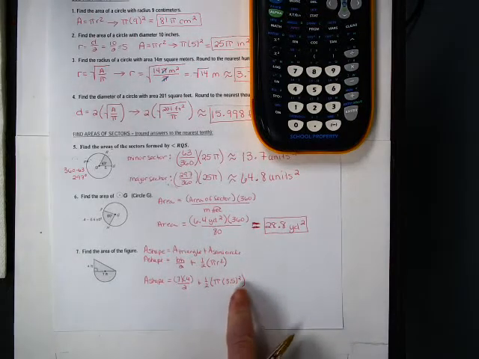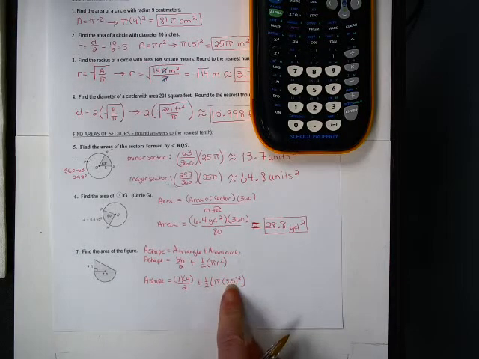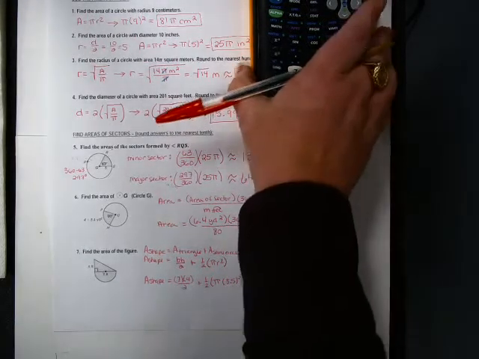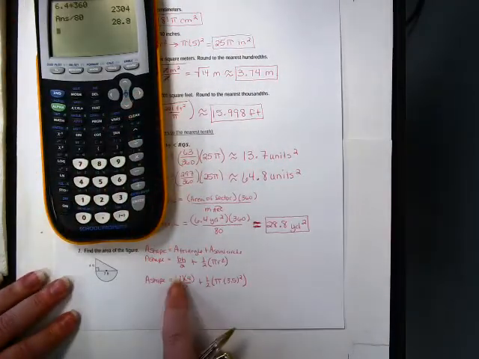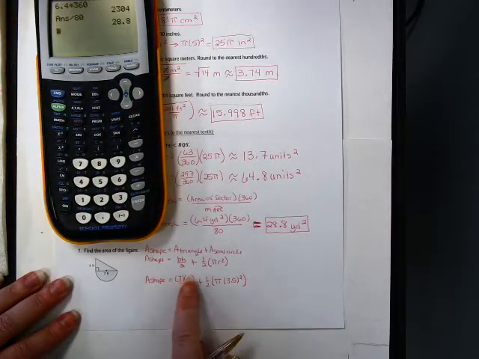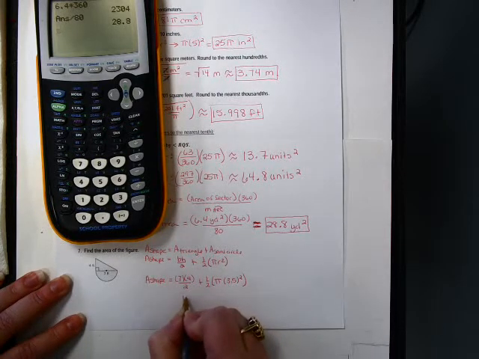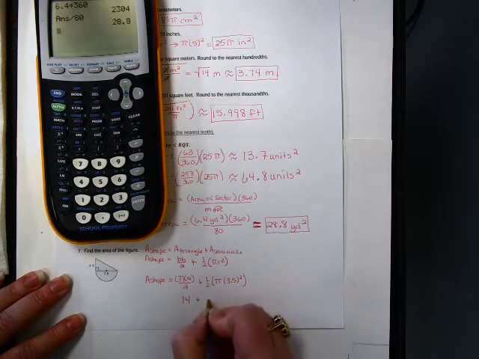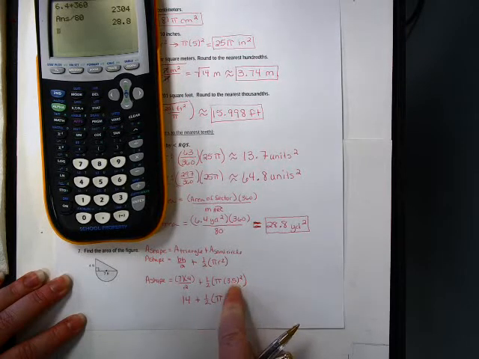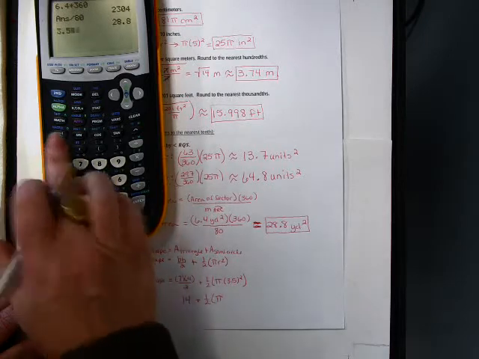Now when you're plugging this in, make sure that you only square the radius. Okay, so I'm going to clean this up a little bit. This right here, 7 times 4 divided by 2, that's going to be 28 divided by 2 is 14, plus half of pi times 3.5 squared.